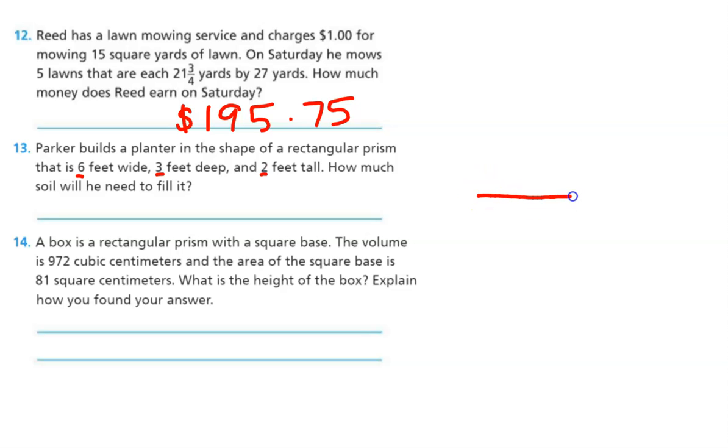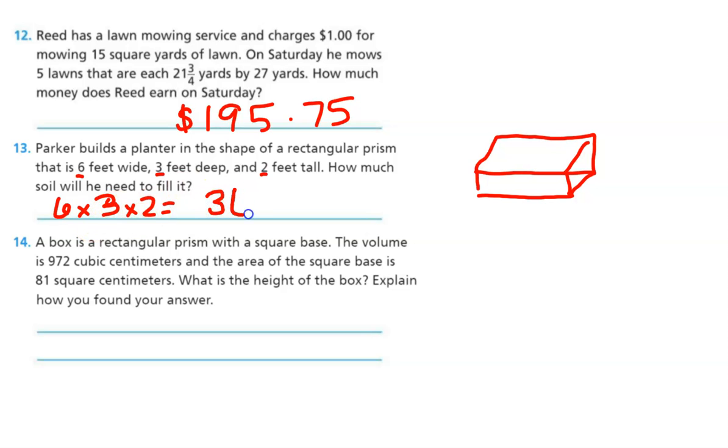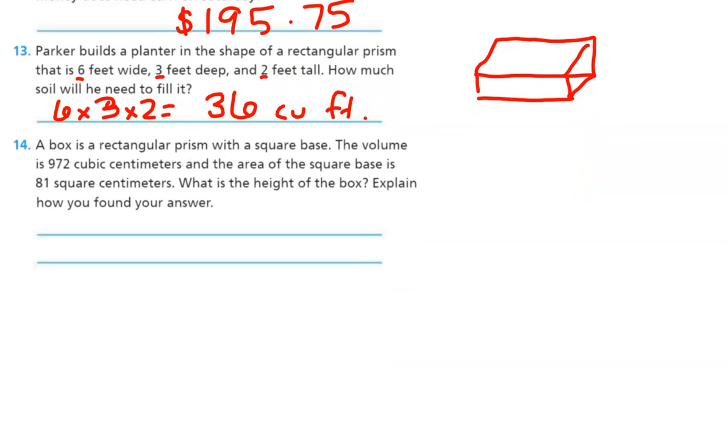So if it's 6 feet wide, 3 feet deep, and 2 feet tall, all you need to do there is multiply 6 by 3 and by 2. 6 times 3 is 18, and 18 times 2 is 36 cubic feet. Cubic feet.